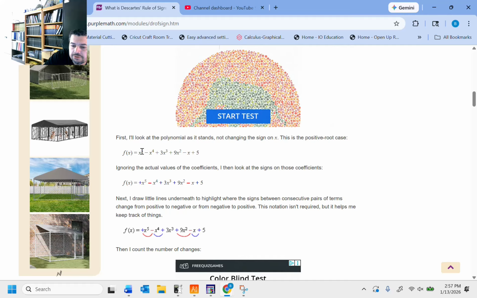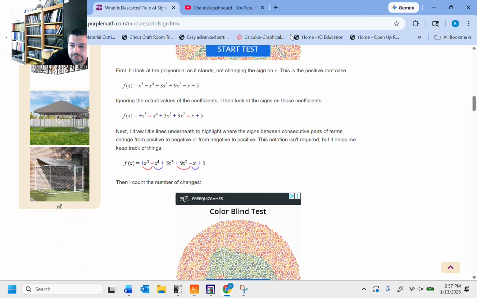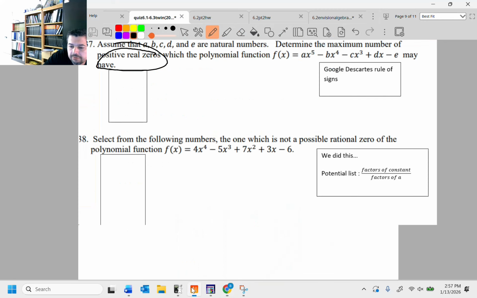And what we're going to do is look at signs and see how they change. So in this example, we have a positive, then a negative, then a positive, a negative, a positive. We count sign changes. Positive, negative is one sign change. Negative, positive is two sign changes. No sign change. Another sign change makes 3. Another sign change makes 4. You can kind of see how they've drawn this. 1, 2, 3, 4 sign changes means that she has 4 positive roots. So now let's go back to my example here.